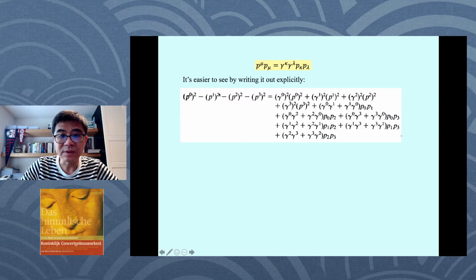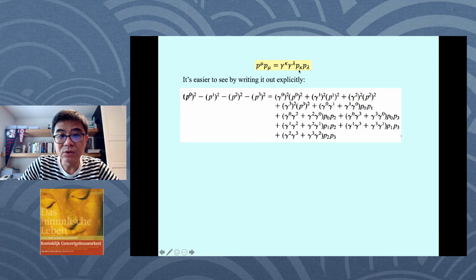Okay, for example, the left-hand side is this, and I can write down all the terms. There are a lot of them, but it's not that difficult to write down all the terms. For example, you got the gamma 0, then this must be P0, then you got the first term.